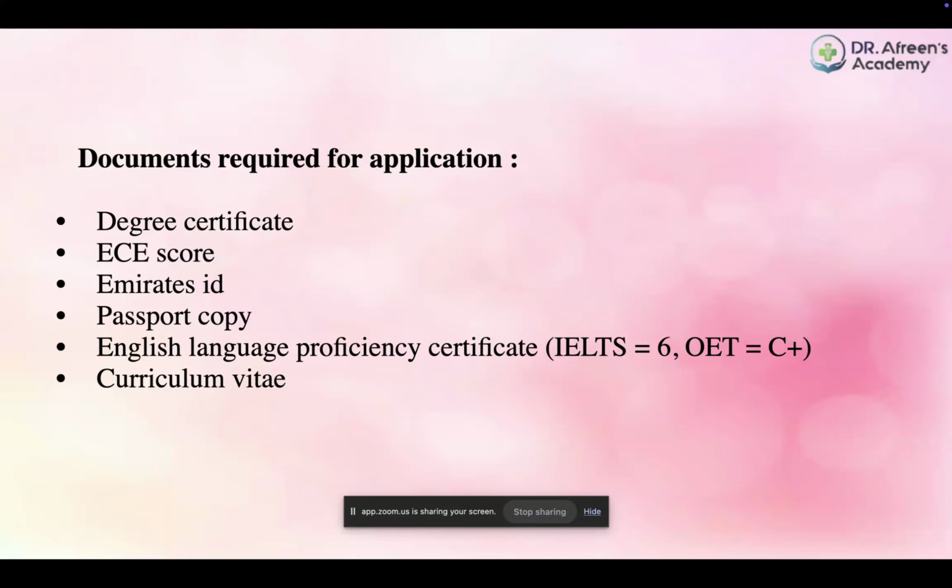ECE can be the Canadian system or the US system, but the UAE has standardized on the US system. ECE stands for Educational Credential Evaluators, which reviews your academic transcripts from your country and converts them to the US system of grading, which has been standardized in the UAE.